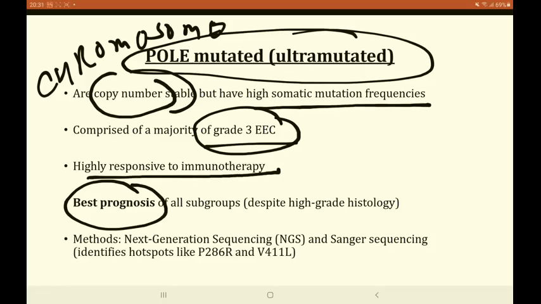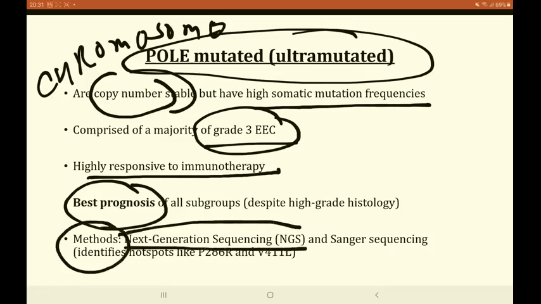The POLE mutation group is the only group which cannot be diagnosed using IHC. The only method by which POLE mutation can be diagnosed is next generation sequencing or Sanger sequencing that identifies variants like P286R and V411L.